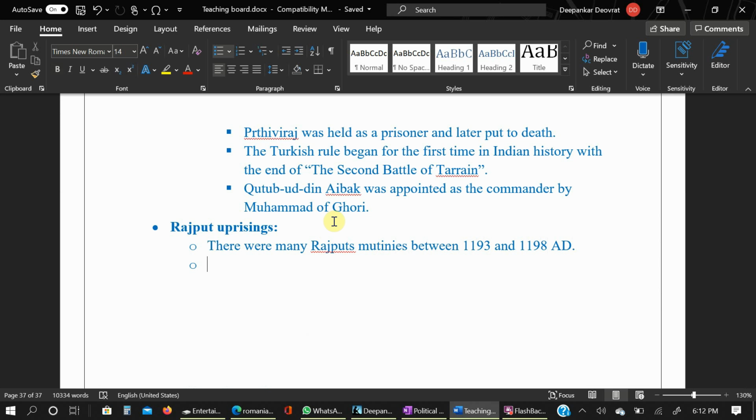Qutbuddin Aibak defeated them and brought many regions under his control, and Muhammad of Ghori made Delhi the capital.